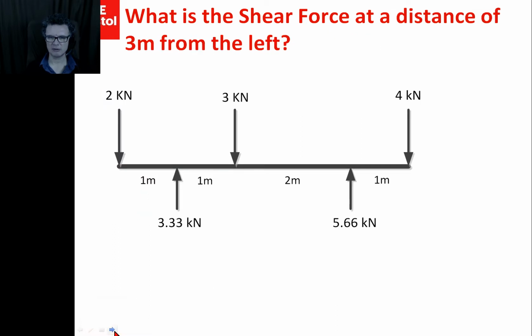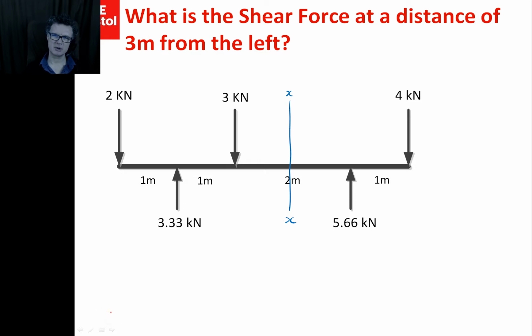What about if we're at 3 meters? If you've got a problem like this, you probably just want to roughly indicate that's roughly 1 meter, 1 meter, so roughly 3 meters is going to be there. Then I'm going to look left of that position. So we've set our X position there.